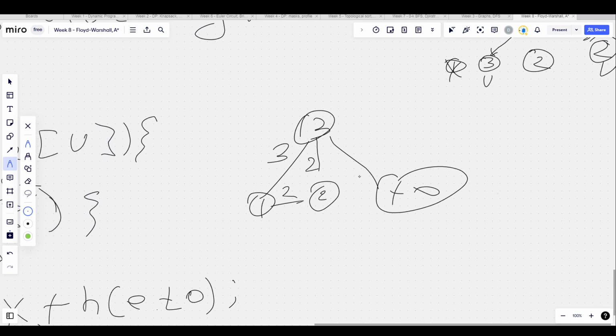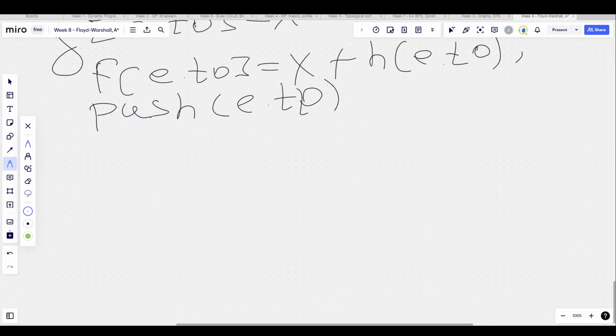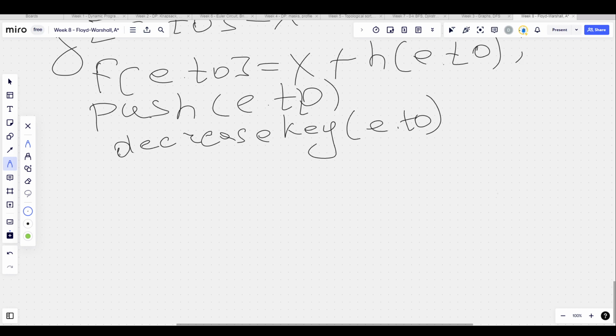So if there's such a vertex, we want to decrease the key of this vertex, decrease key of e2.